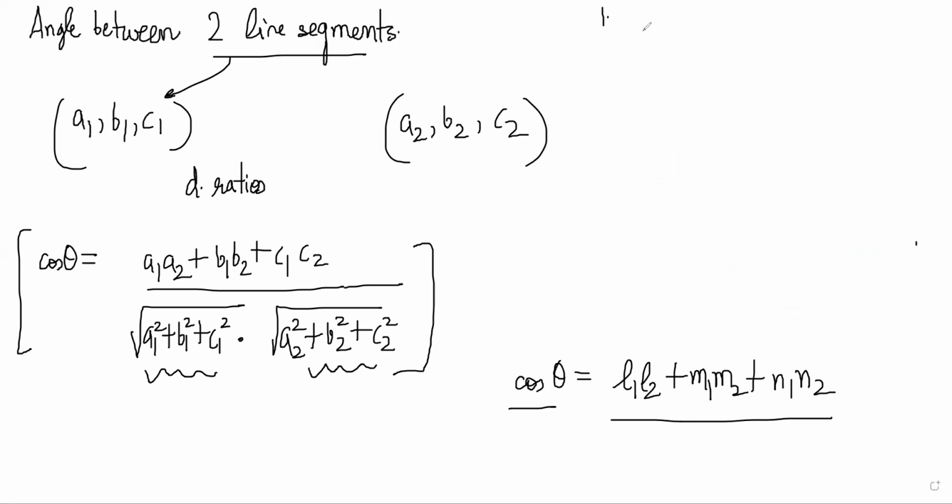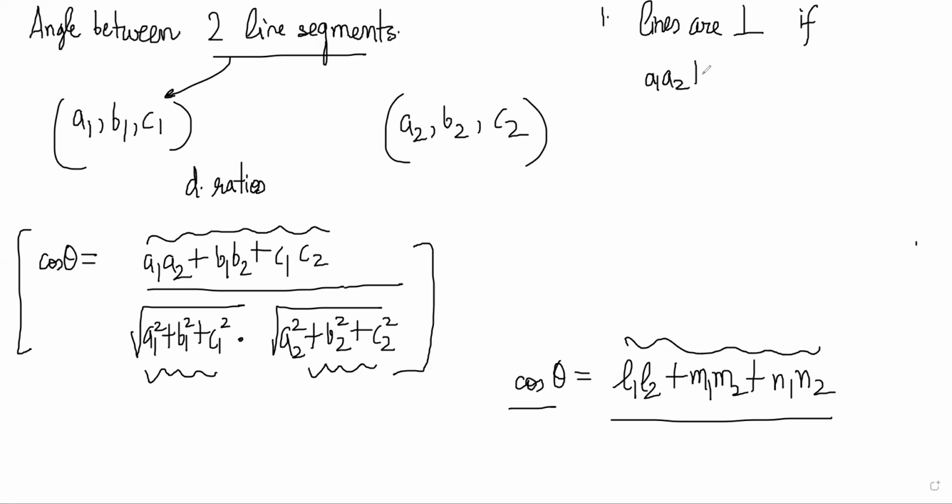So lines are perpendicular if this part is 0. If the dot product is 0, then theta is 90. So a1 a2 plus b1 b2 plus c1 c2 is 0. Or if it was given in terms of direction cosines, l1 l2 plus m1 m2 plus n1 n2 is 0.